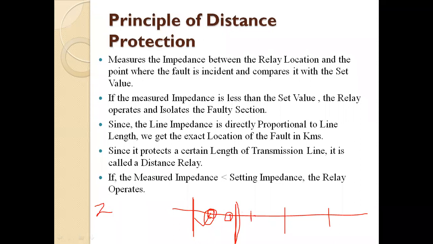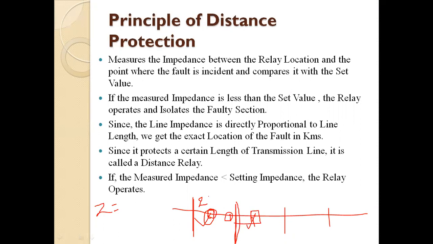Suppose another relay is located here, then this relay will operate there. So here we are considering where the relay is located and where the fault has occurred. Next, the impedance is considered. Here we are not measuring only the current, we are considering the impedance. For this relay the impedance is set, just like the current.